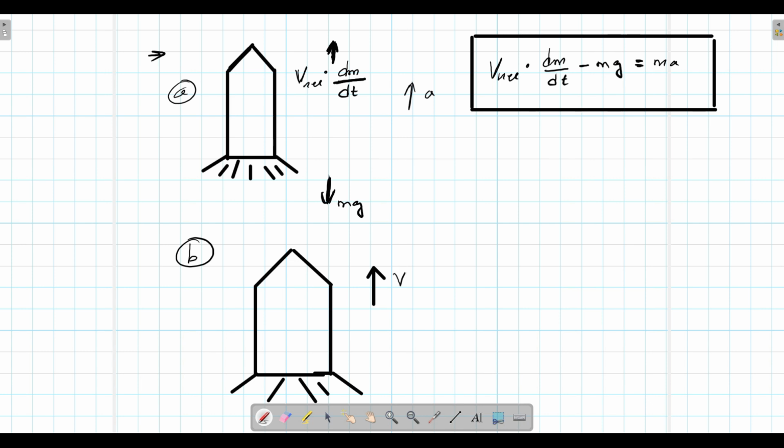So V relative into dm by dt, and weight is mg.